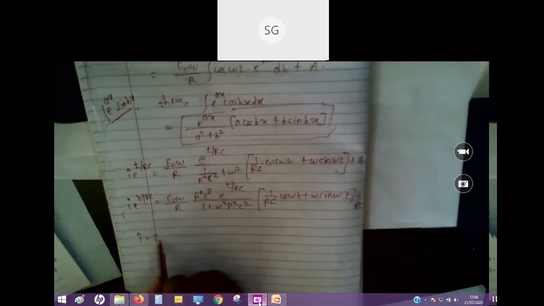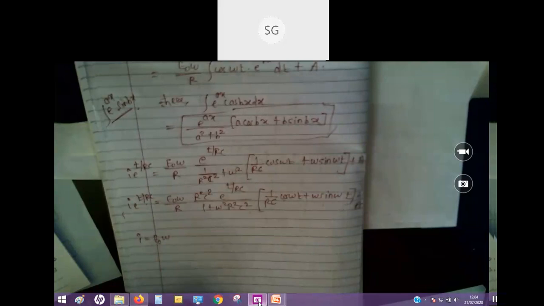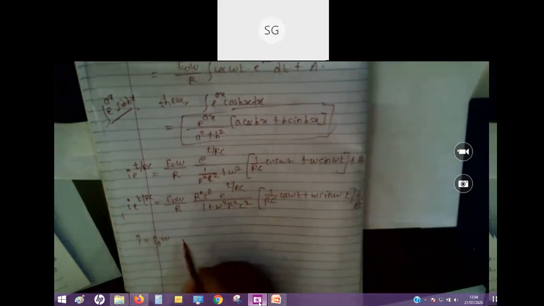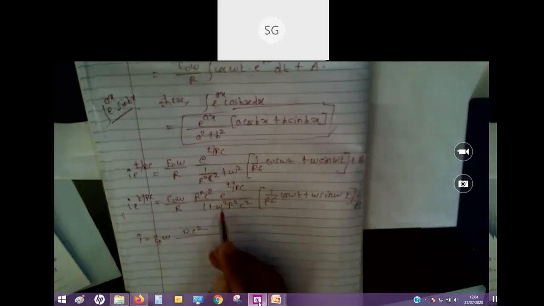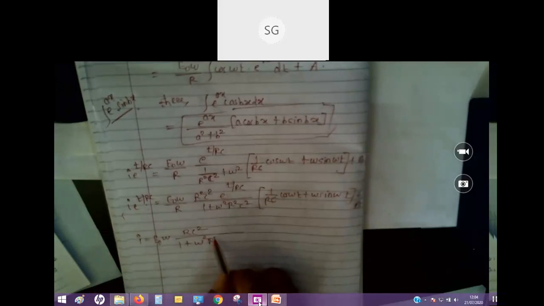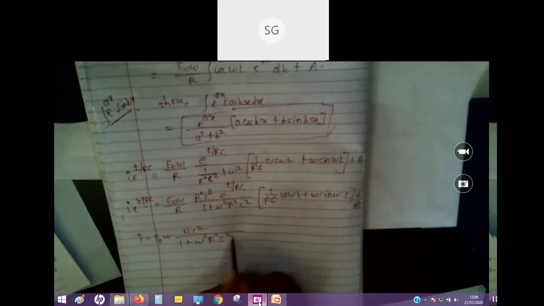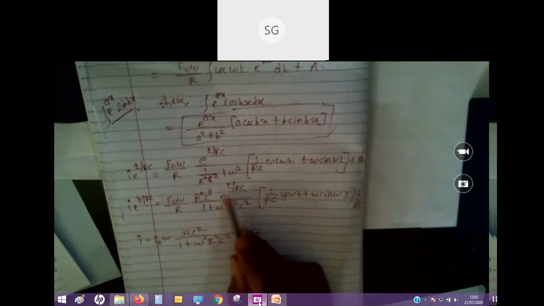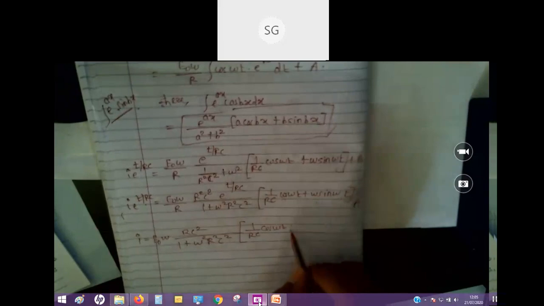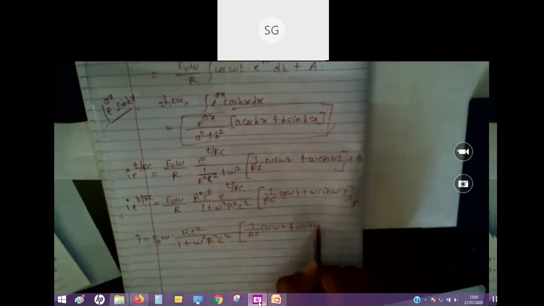I is equal to e naught omega, and since we are dividing by e raised to t by rc, what we will be remaining with is e raised to t by rc, and then rc square upon, I'm directly writing, these are only small adjustments, c square, so 1 upon rc cos omega t plus omega sin omega t.